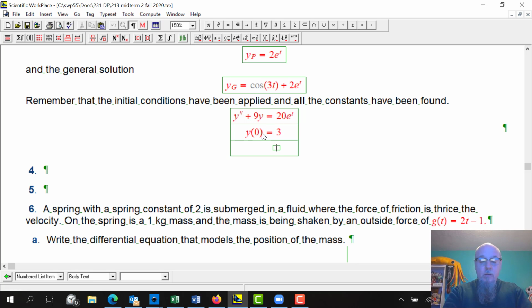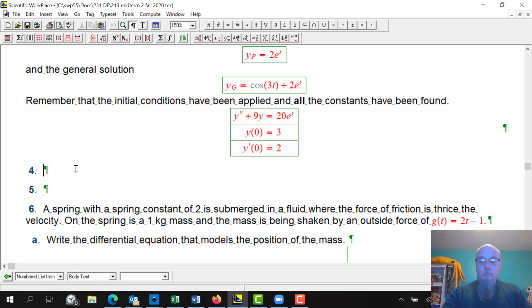And if I take the derivative of that, I'm going to get minus 3 sine 3t and 2t. And if I put 0 in that, I get 2. So to be extra good, you could have given me the 2 initial conditions. But this is what I was looking for here.